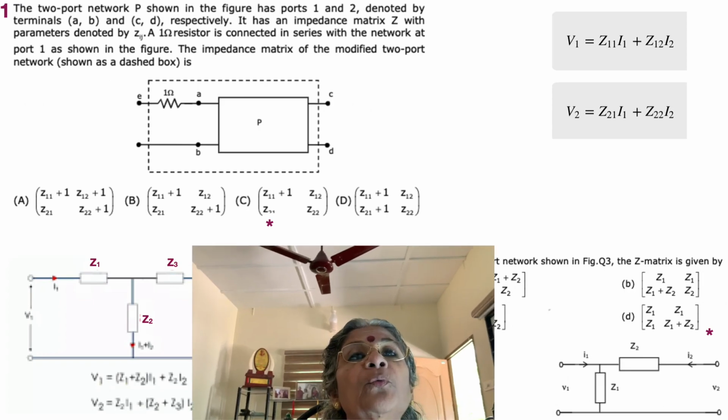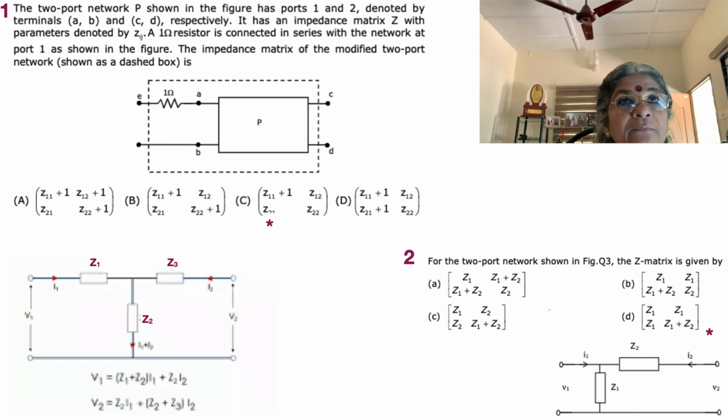So we should realize that there is another way of interpreting the circuit which has been represented using Z parameters. You can use what is called the T network, which we also call the star network. So what does the star have? It has Z1 on the input side, Z2 on the output side, and Z3 in the middle. And so what is Z11?